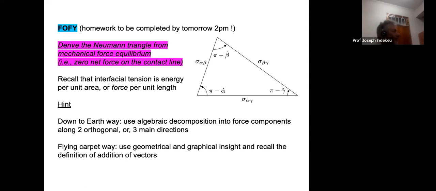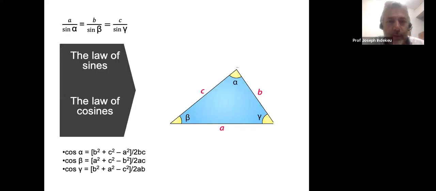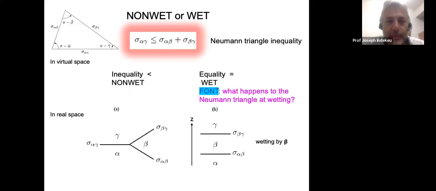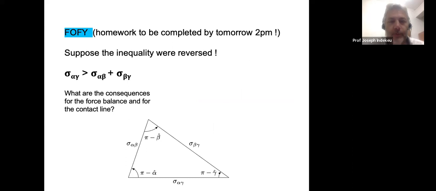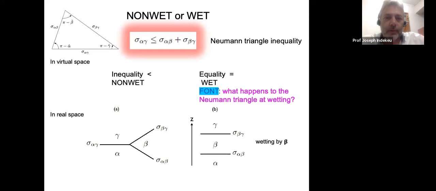Good plan? Okay, good. So the next part of the problem that I left for homework is this one here. And it becomes more clear now what is meant by this exercise. Because suppose now we're going to reverse the inequality that describes the triangle situation.